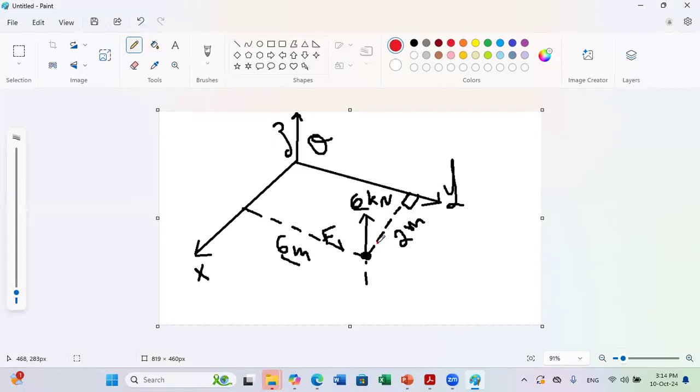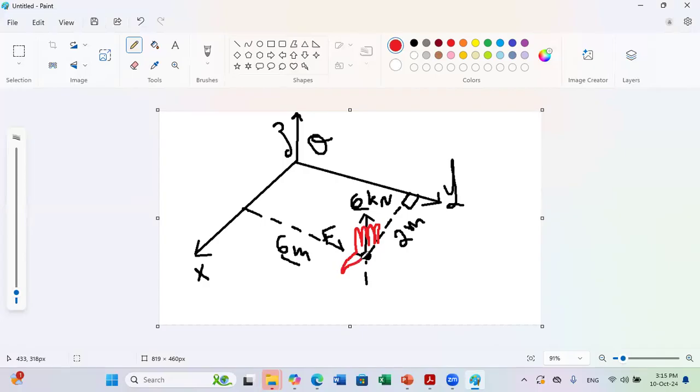To apply the right-hand rule, you take the right hand and put your four fingers parallel to the force, okay? And the palm of your hand is parallel to the x-axis. Then your thumb will point in the positive x direction.